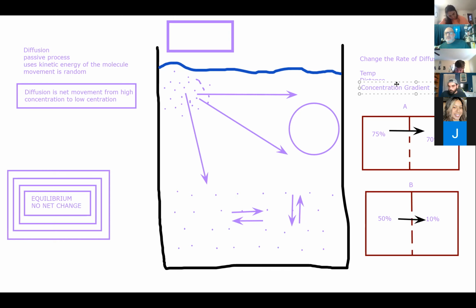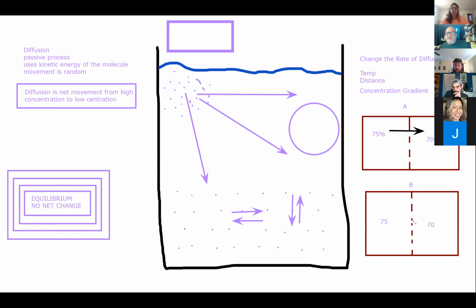Notice also, if I had 2 identical environments, right? So I had 75 on this side and 70 on this side, just like in A. But remember, on the top one, I said I used my screwdriver and I poked 3 holes. But what if on the bottom one, I use my screwdriver and I poke 6 holes?